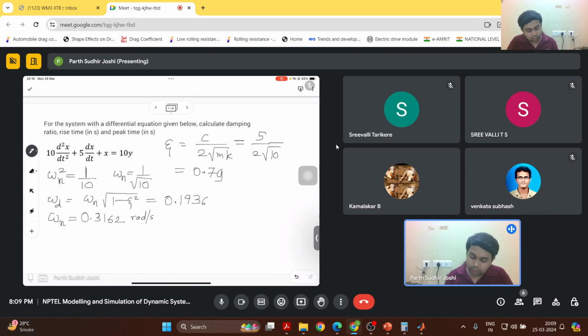Now let us again look at the graph of the response. The rise time is basically when it crosses the steady state value for the first time, and the peak time is when it reaches the peak overshoot for the first time.